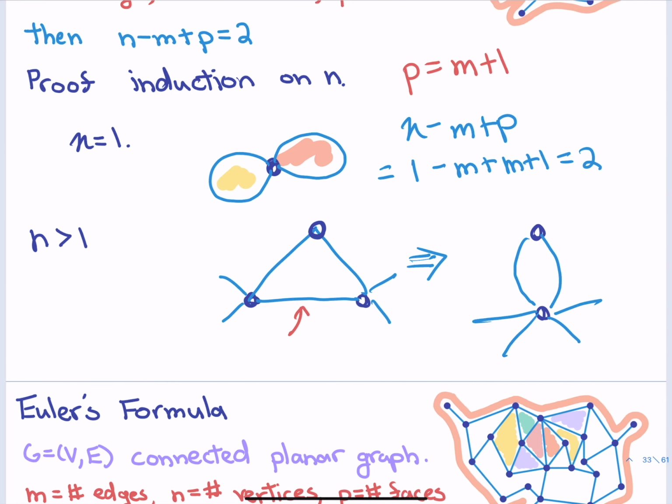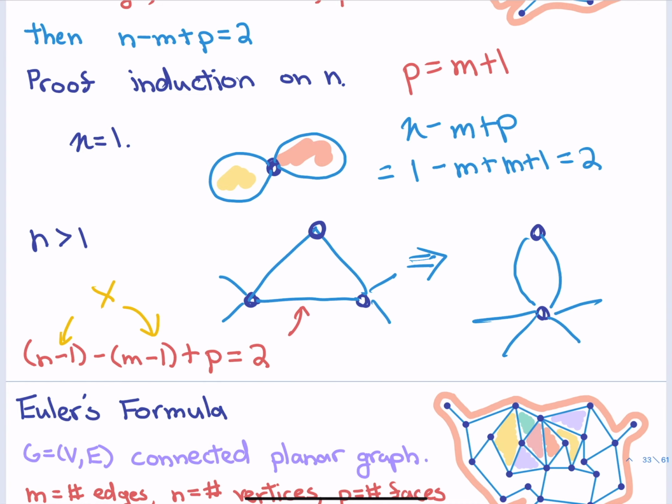So by induction applied to this smaller graph, which has one less vertex, I know that n minus 1 minus m minus 1 plus p is equal to 2, because n minus 1 is the vertices in the new graph, m minus 1 is the edges of the new graph, and p is the number of faces in the new graph. Then these two minus 1s cancel out, and you're left with n minus m plus p equal to 2. So in fact, this proof is quite easy.